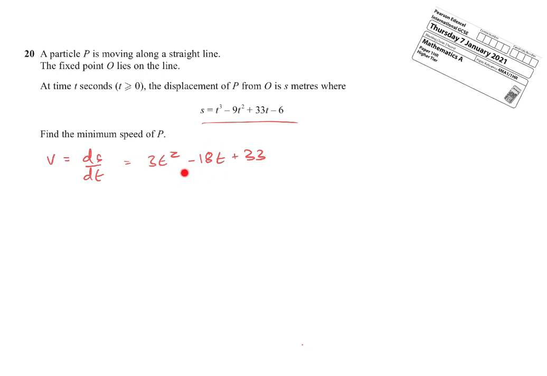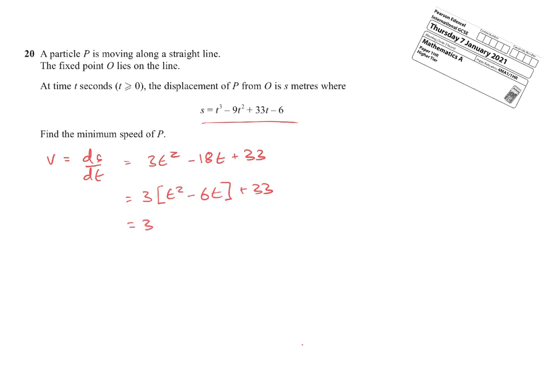I'm just going to change this bit here, leave my plus 33 alone. So my velocity is equal to 3 multiplied by t squared minus 6t plus 33. All I've done here is I've factorised just the 3 out from both of these, giving me t squared minus 6t. This, then, I can complete the square very, very easily.